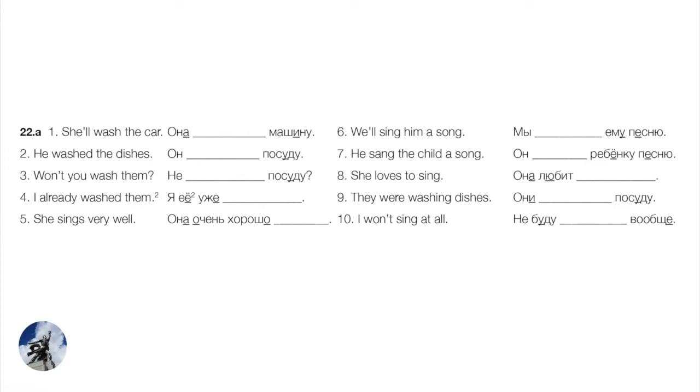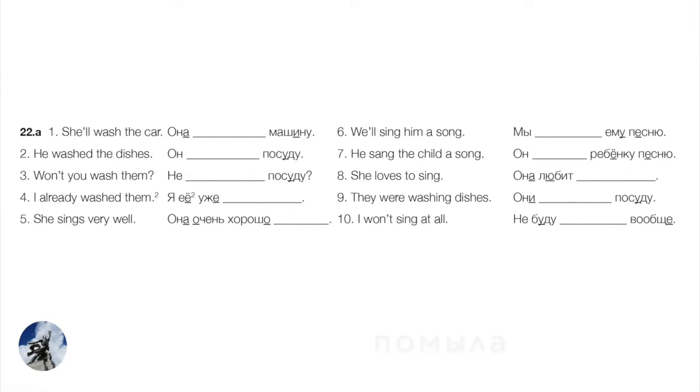So in number four, we're literally saying something more like, I've already washed her, just to capture the grammatical gender of посуда. Я ее уже помыл. I've already washed them completely. By the way, if the speaker were feminine, it would be я ее уже помыла.